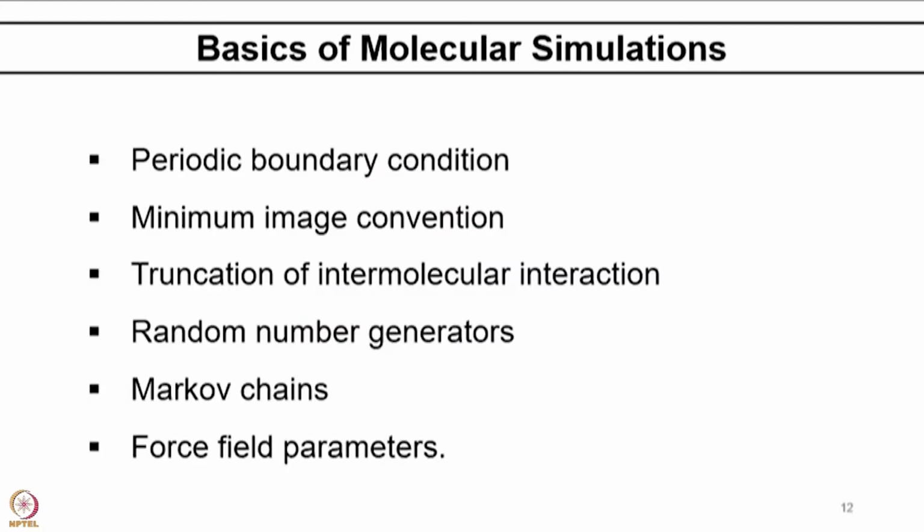Now we'll go on to the very basic techniques of computer simulation. There are the following techniques. One is the periodic boundary condition and the minimum image convention, which are very closely correlated. Then the range of intermolecular interaction, which has to be finite, otherwise it's very hard to simulate.